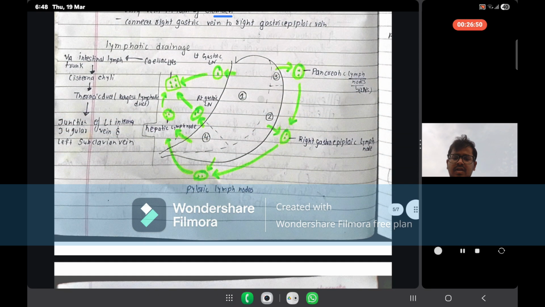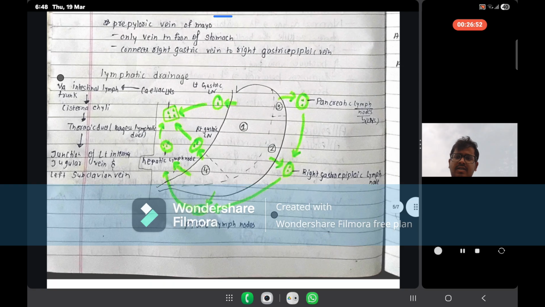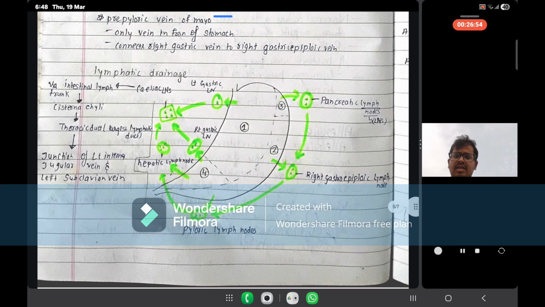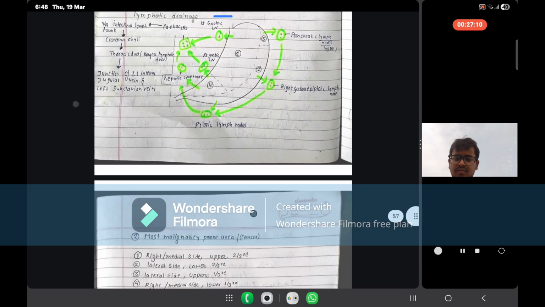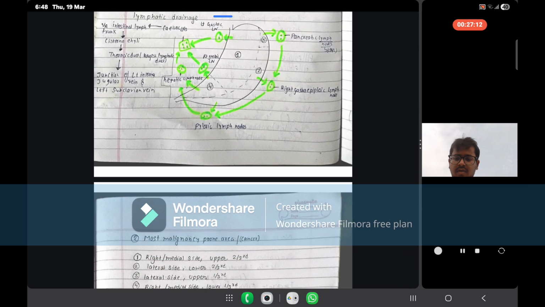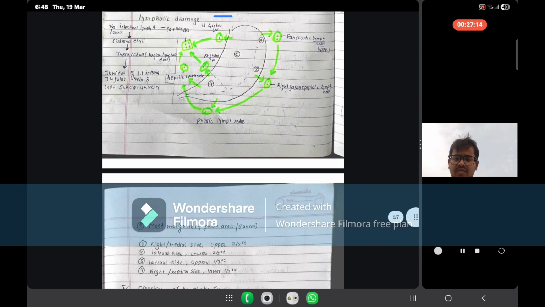Now we move to the next part, that is lymphatic drainage. We have drawn the stomach into four parts: first, second, third and fourth. If you can see this, I have written what we call the four parts.